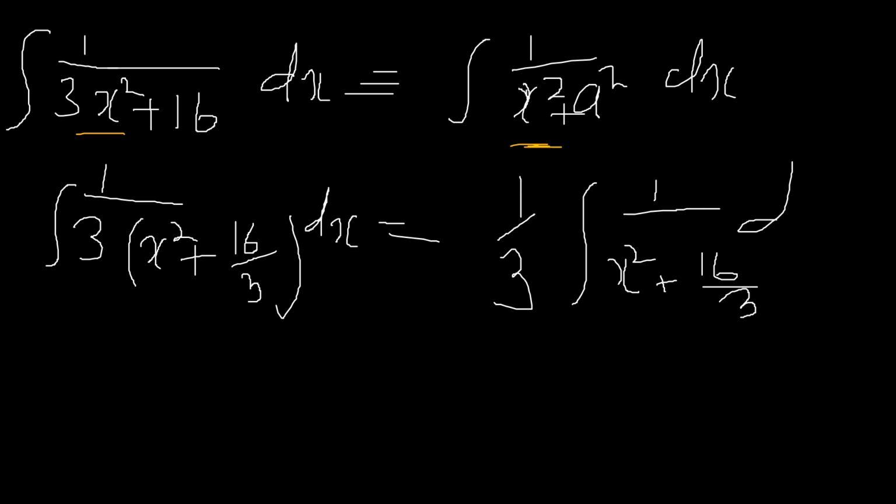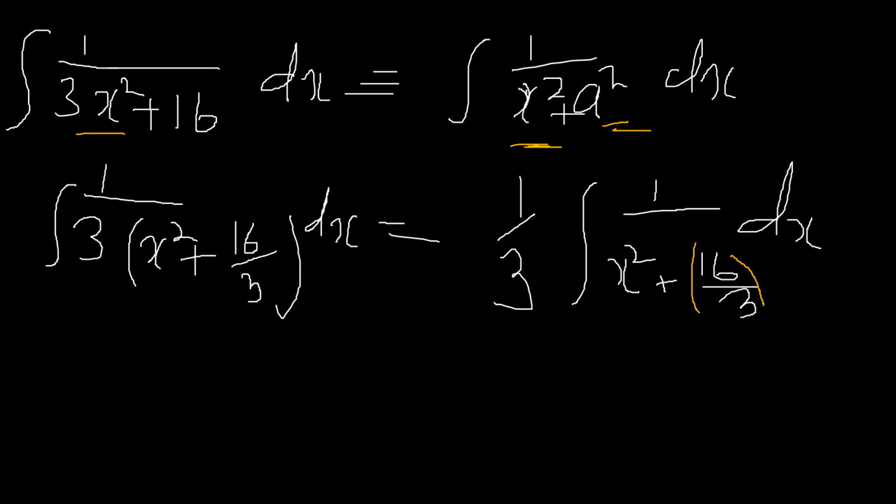So we are trying to modify our integral to that, so that this part here looks like this to give us our a squared. So what should we do?